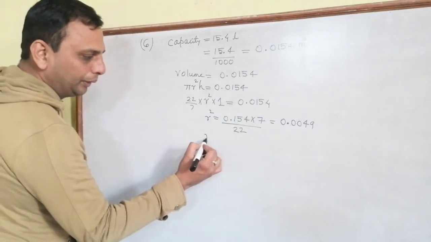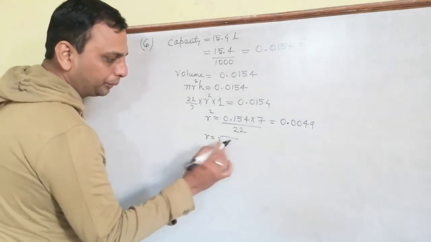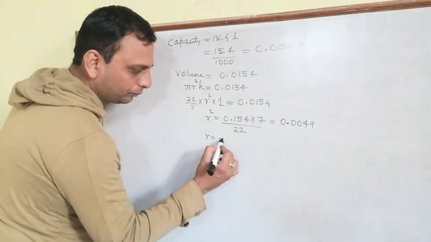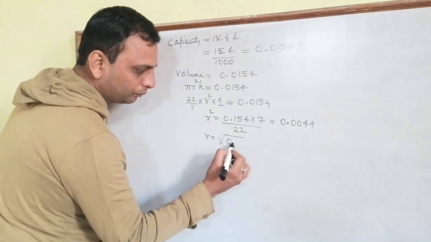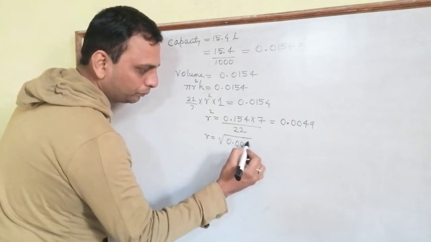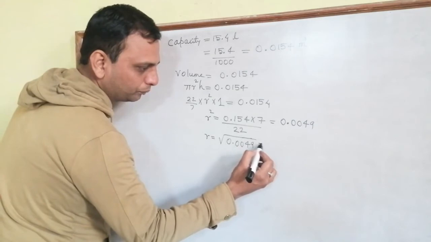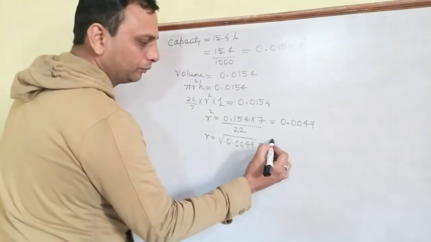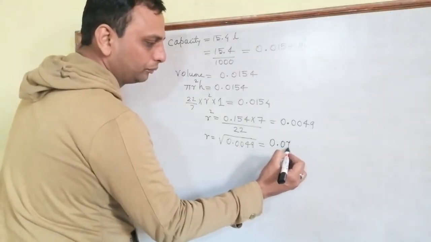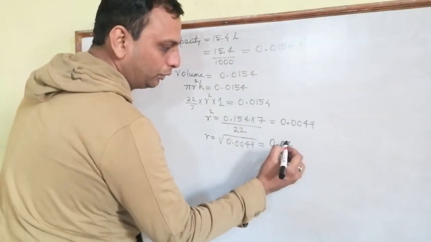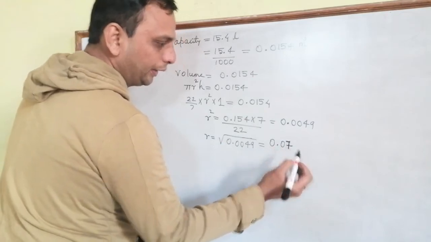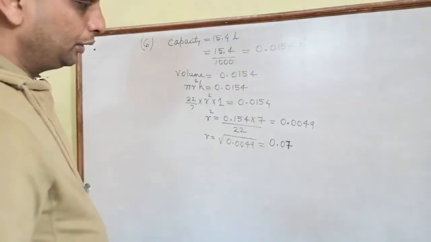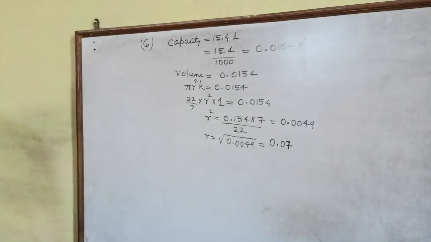The value of R will be the square root of 0.0049, and the square root will be 0.07. So 0.07 is the R. Now R we got. Now we have to find the total surface area.